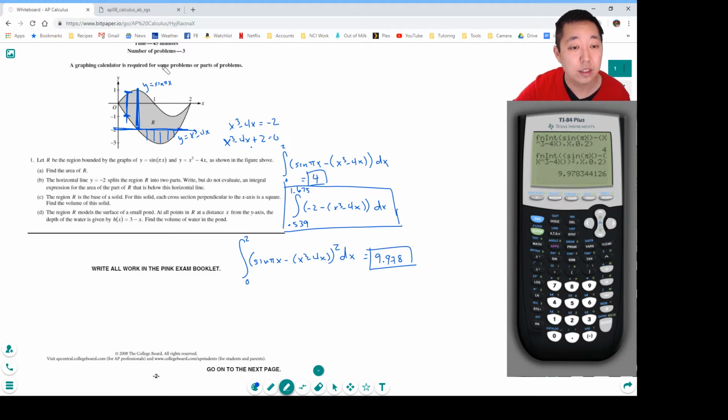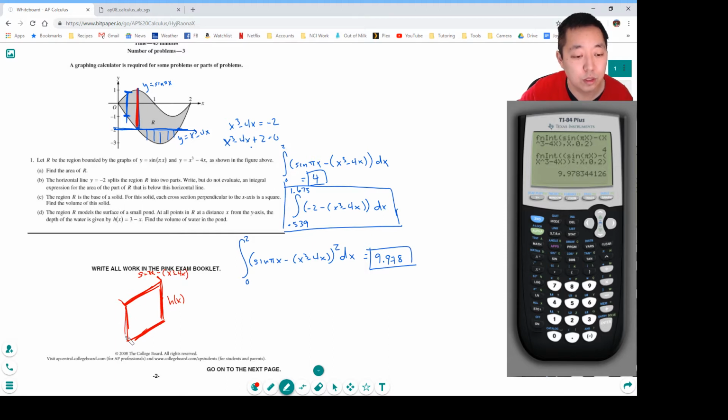I'm going to take a slice like this, in a different color so we can see the slice. Before I made it a square, and now this has a certain depth. It's a fixed depth at the same x value, because everywhere along this line is the same x value. So it has some fixed depth, h of x. The length of this side is sine pi x minus x cubed minus 4x.